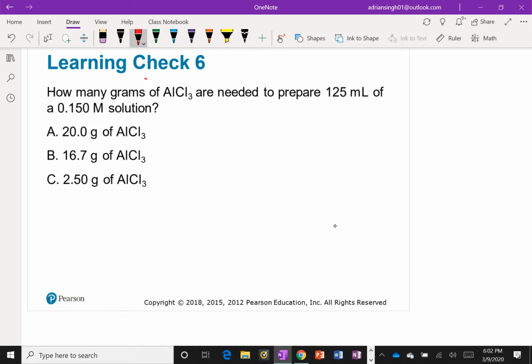All right, so how many grams of AlCl3? So let's just write that down. We need grams of aluminum chloride. I needed to prepare 125 milliliters of 0.150 molar solution.